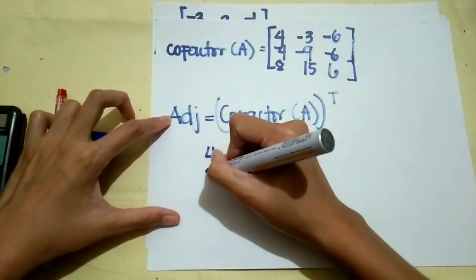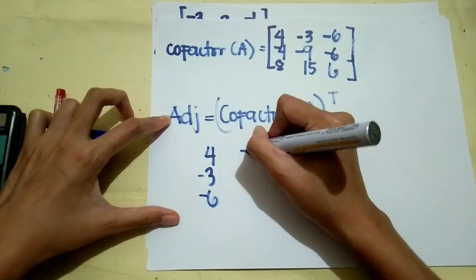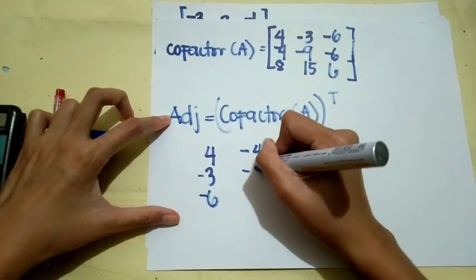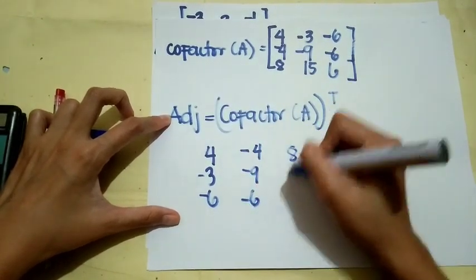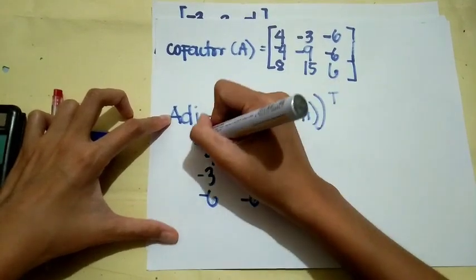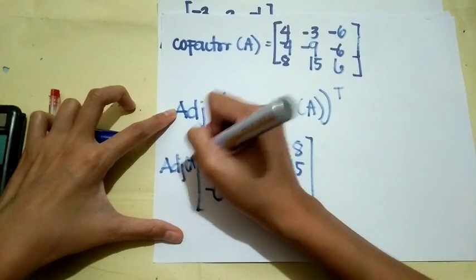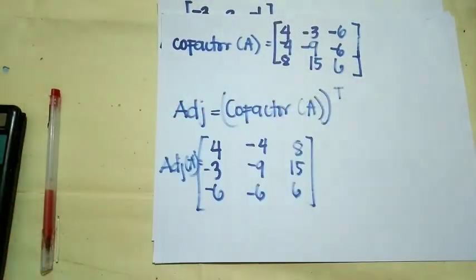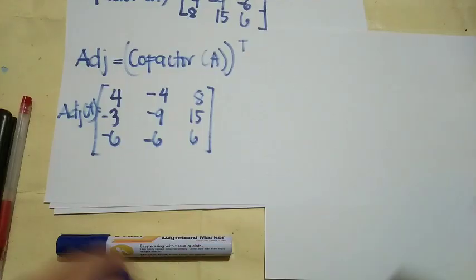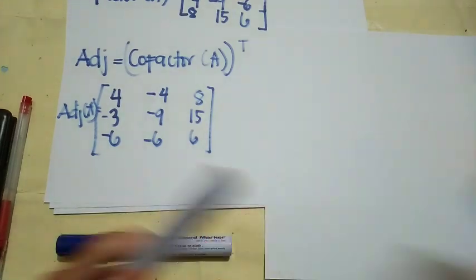You have 4, negative 3, negative 6, then negative 4, negative 9, negative 6, then 8, 15, 6. So this is our adjugate A.